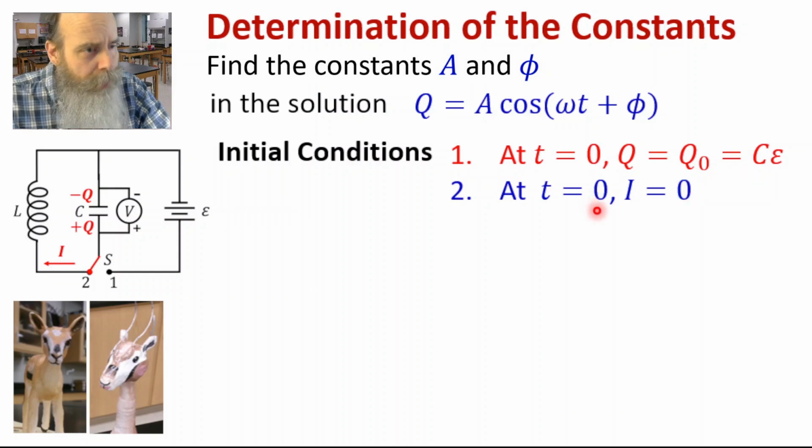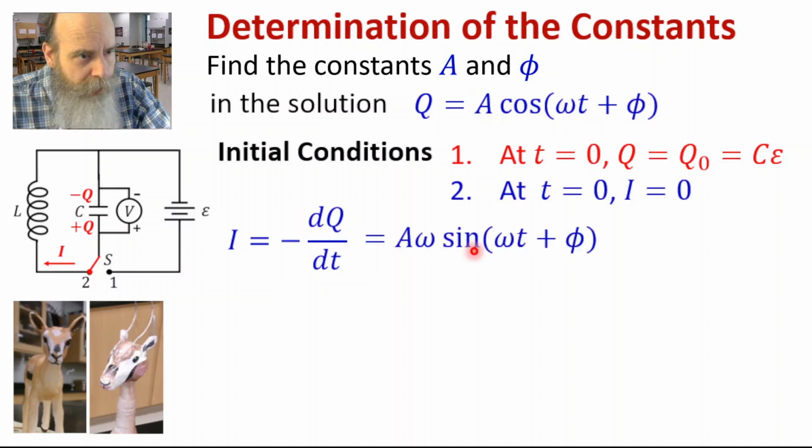Let's look at the second condition first. I is negative dQ/dt. Let's differentiate this expression, and we get the following. The derivative of cosine is sine. Again, we get the factor omega in front. So A omega sine(omega t plus phi) for the current.